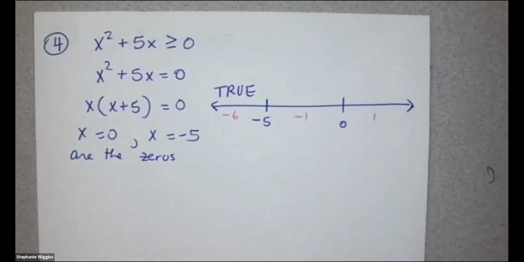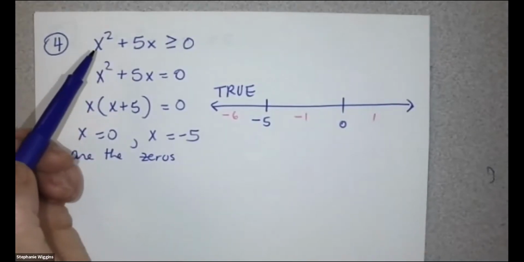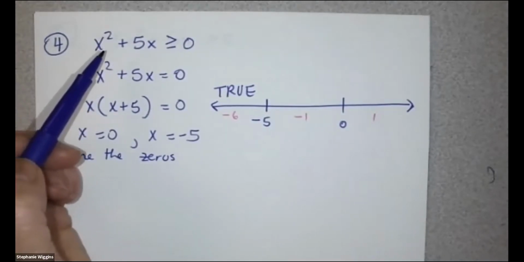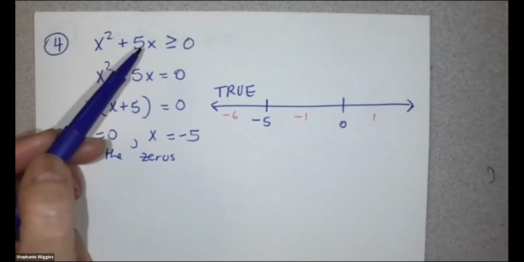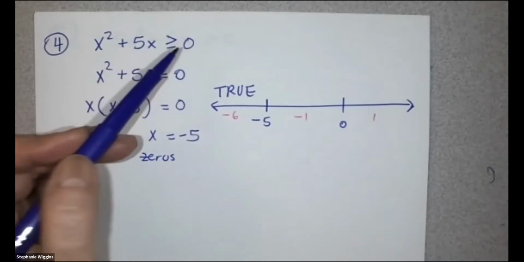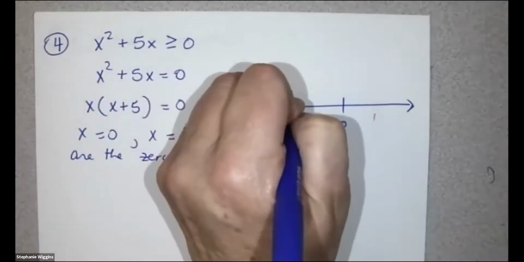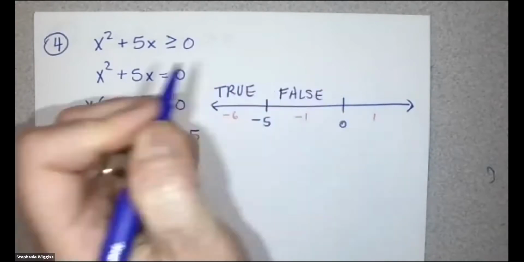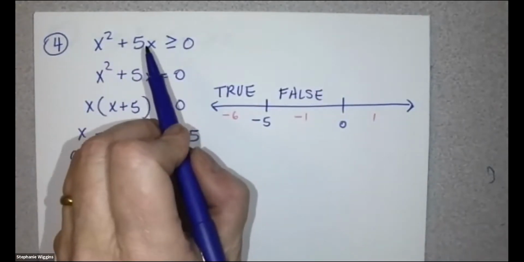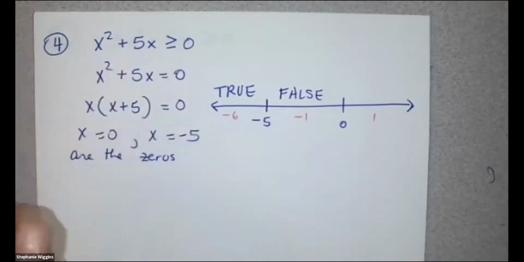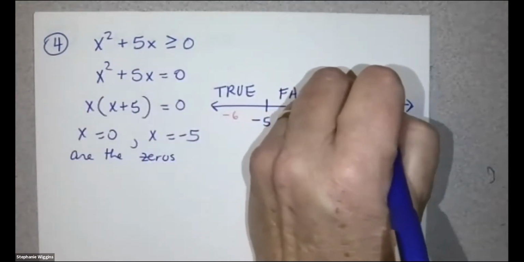Plugging in -1. -1 squared is +1. 5 times -1 is -5. So we have 1 minus 5. That's -4. Is that greater than or equal to 0? That's false. Then we pick 1. 1 plus 5 times 1 is 6. Is that greater than or equal to 0? That's true.